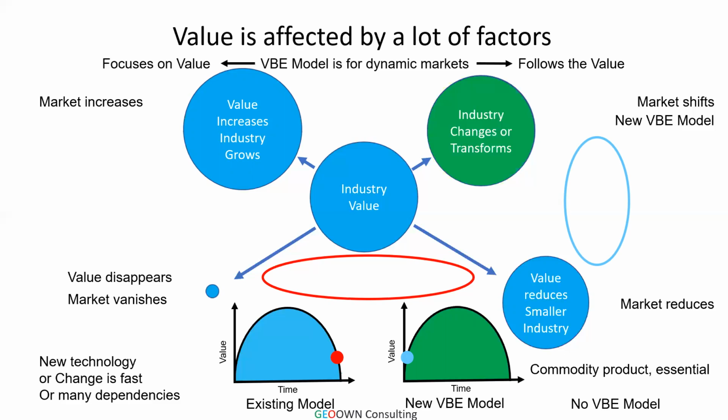Then you have the green VB companies, which are at the top of their VB model, at their ascendancy. And then finally there are the yellow ones, where the value will start declining soon. Basically, their market value will start going down.